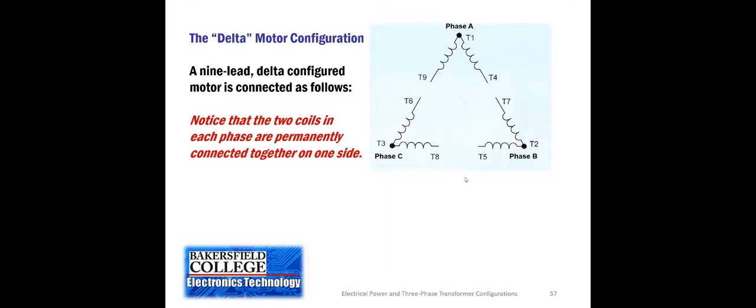In order to make a motor work with either Y or delta, we need one that has each coil separate. So this has 9 leads on it, but one of those kind of motors, they call it 12 lead because each coil has 2 wires connected to it. There's 6 coils times 2 wires, that's 12 wires or 12 leads.